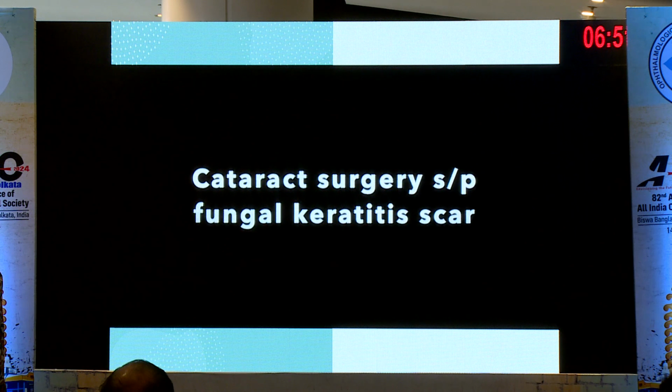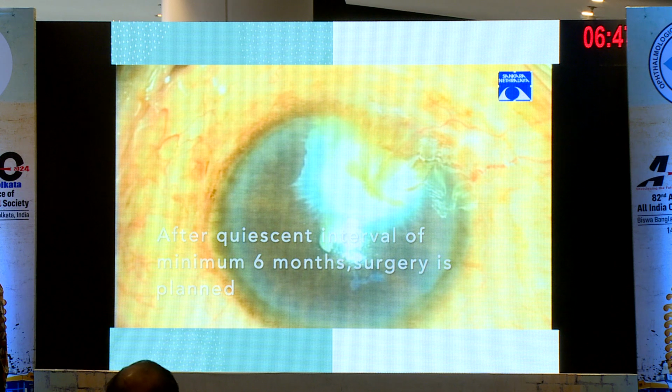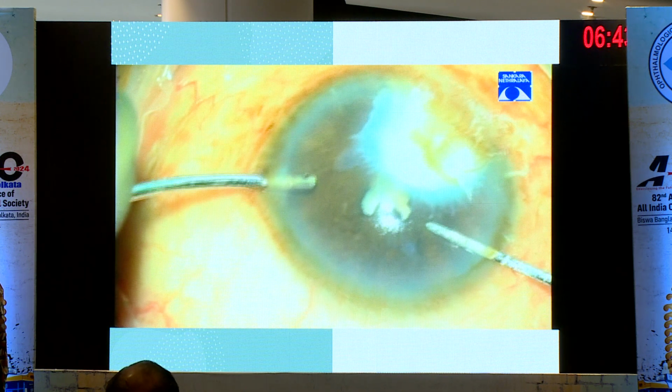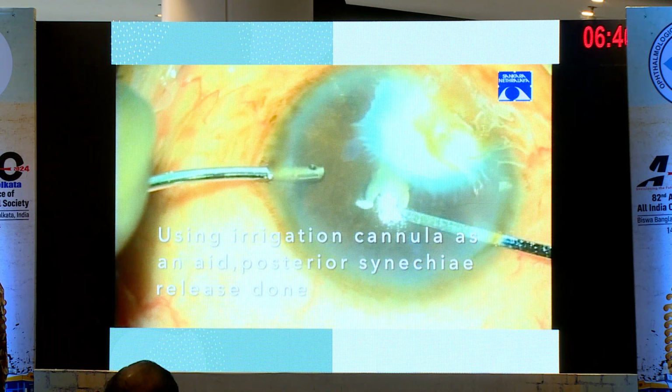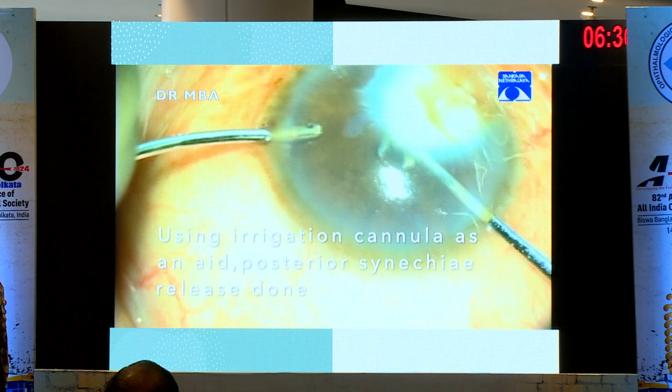First comes cataract surgery status post fungal keratitis scar, where a quiescent interval of 6 months was kept. There was a corneal scar involving almost half of the cornea with posterior synechiae and a complicated cataract, where an irrigation cannula was used as an aid to release the posterior synechiae.